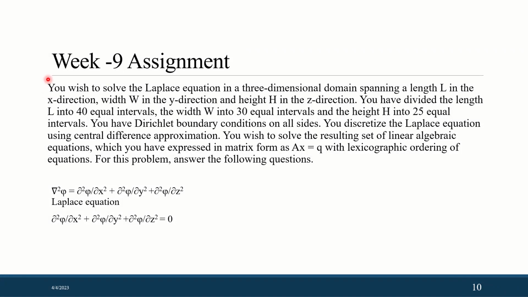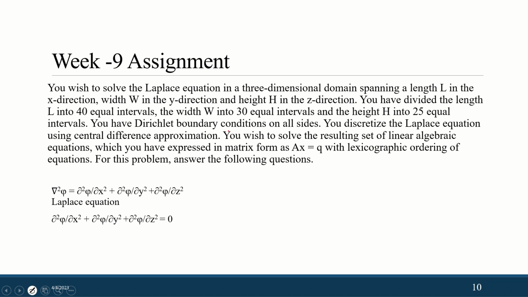In the week 9 assignment, the question asked is: you wish to solve the Laplace equation in a three-dimensional domain spanning a length L in the x direction, W in the y direction, and height h in the z direction. You have divided the length L into 40 equal lengths, W into 30 equal intervals, and height h into 25 equal intervals.